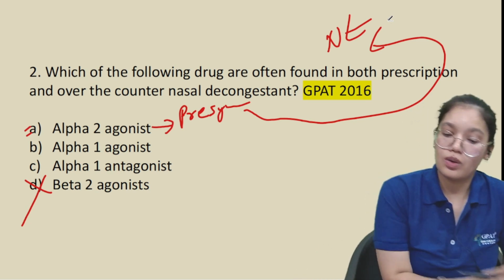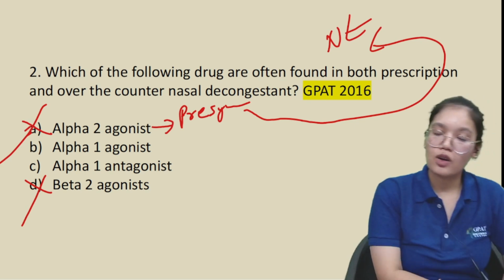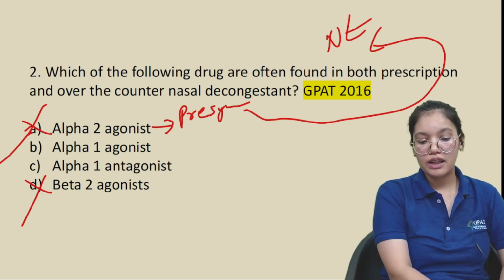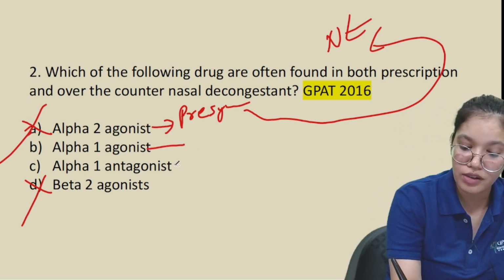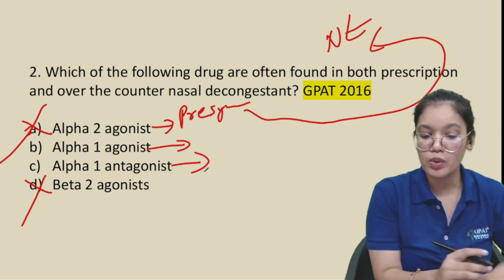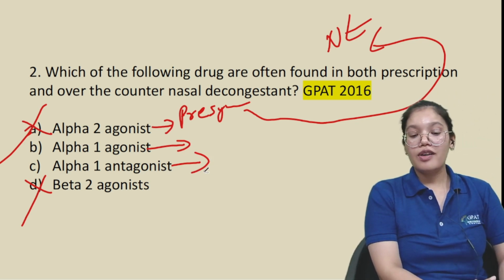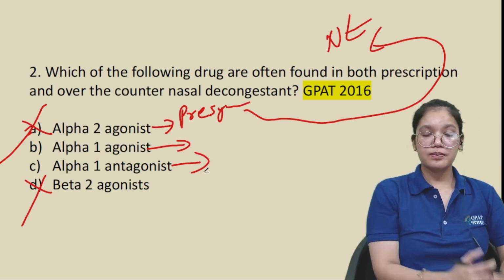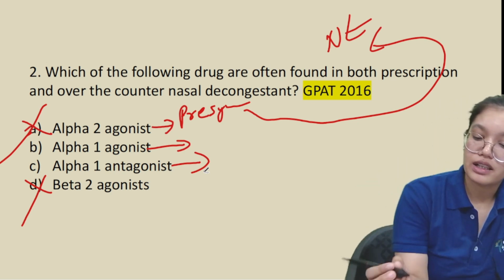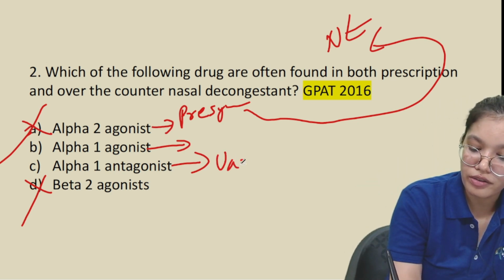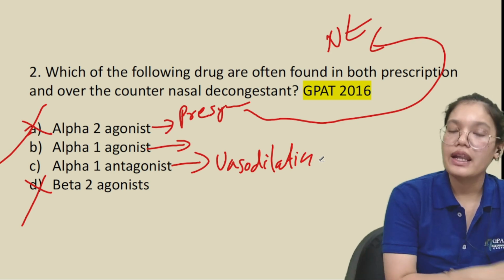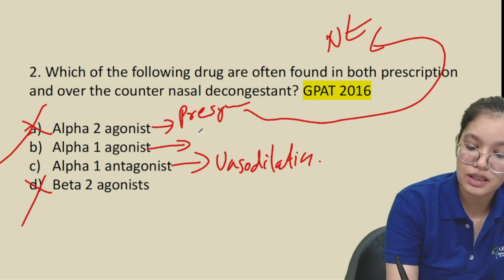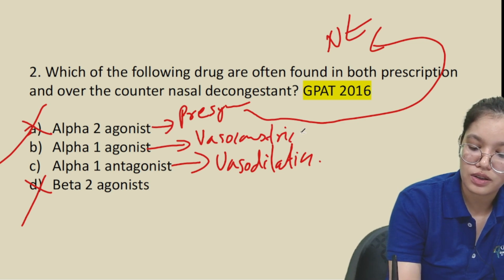So the alpha-2 agonist can also be removed from the options. Then we have alpha-1 agonist and alpha-1 antagonist. Out of these, which one? The alpha-1 antagonist is basically responsible for vasodilation, and the alpha-1 agonist is responsible for vasoconstriction.